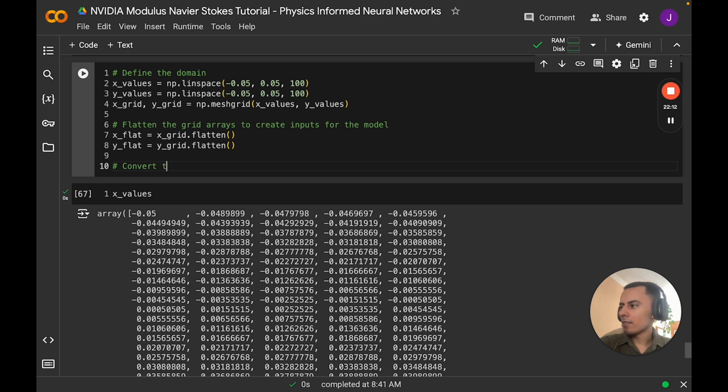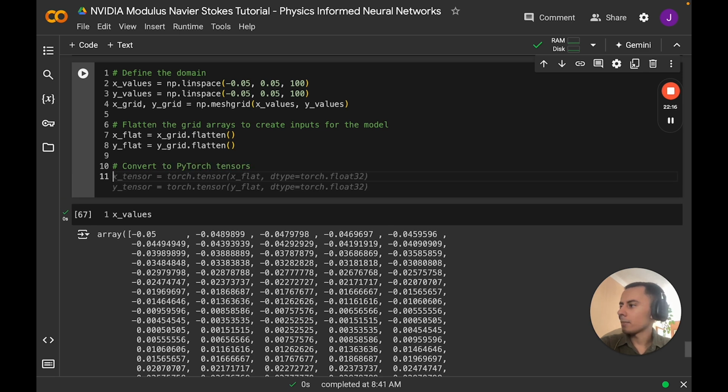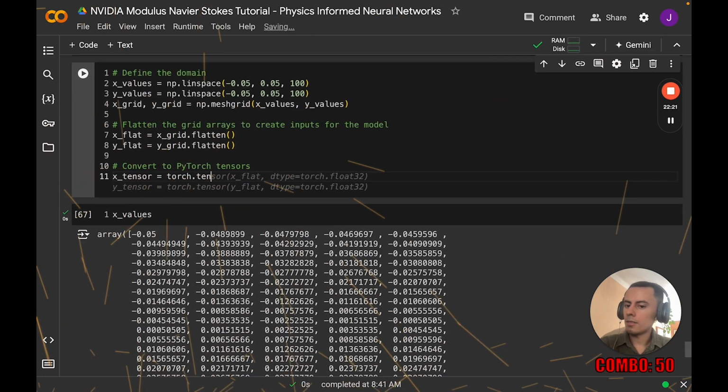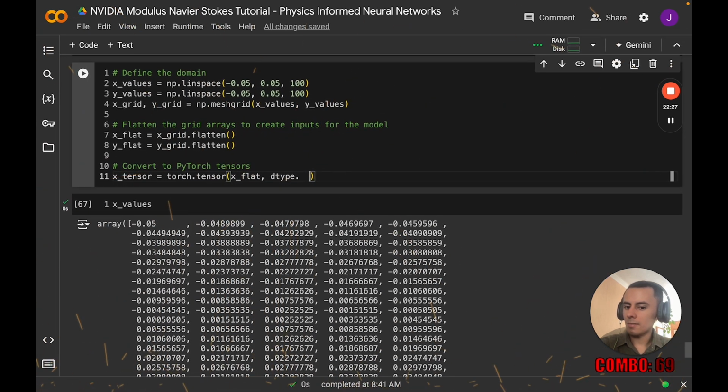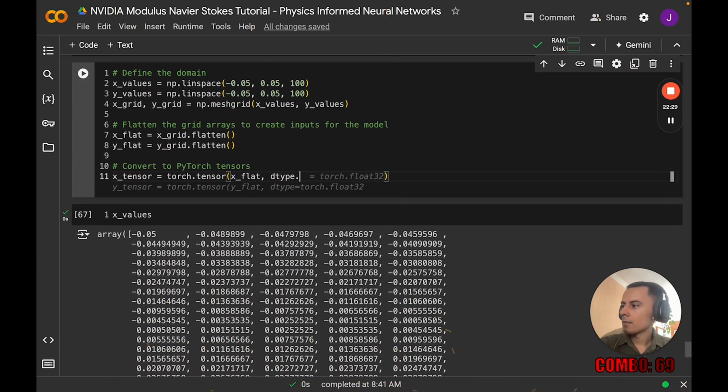What's important though is to convert to PyTorch tensors. This part is important. It's torch tensor, flat, dtype. Yeah, that works out. Dtype, what's going on here?